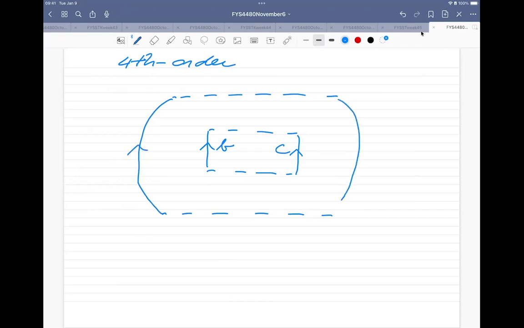And I'm going to have a particle state here, which is going to be a D, and I label this with an A. Now, this is an interaction where I have a hole state which goes down here, and I label that with a K. And then I have a hole state here, which I label with an I. And similarly, I would have a hole state here and a hole state here.